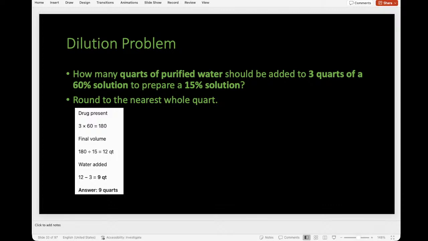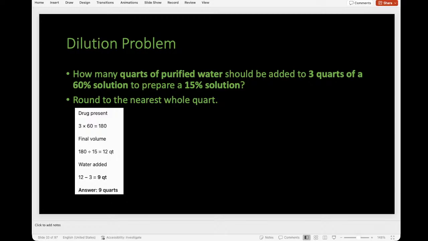This next one is how many quarts of purified water should be added to 3 quarts of a 60% solution to prepare a 15% solution. You would round it to the nearest whole quart here, and you can see the solution here. There's 3 quarts. You multiply by the 60%, which equals 180, and then you would divide it by 15, which is 12 quarts.